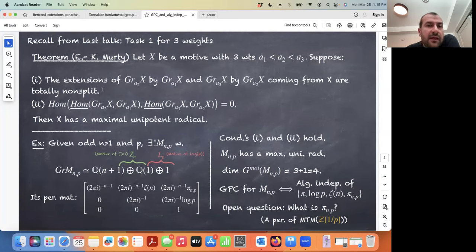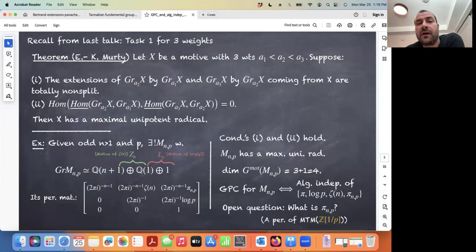In the case of three weights, I stated this result last time: if you have a motive with exactly three weights, A1, A2, A3, in increasing order, and suppose that the two extensions you get from the consecutive graded pieces, one the extension of Gr A2 by Gr A1, and the other the extension of Gr A3 by Gr A2, are both totally non-split.